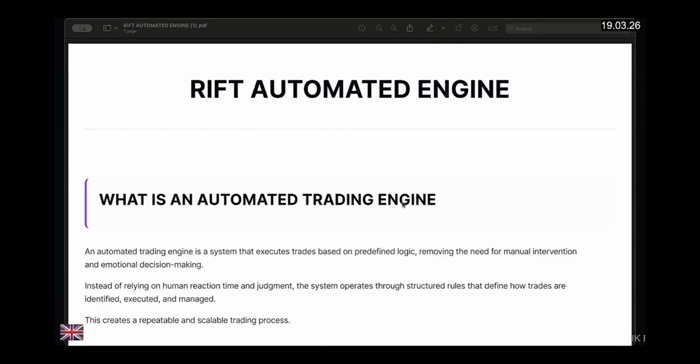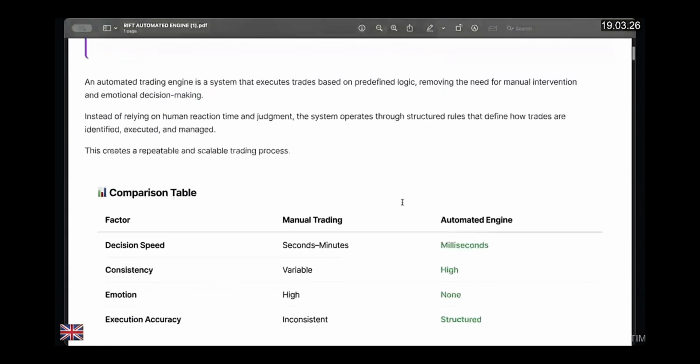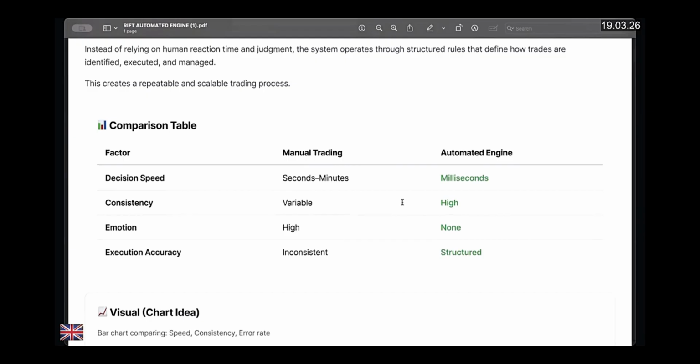And if we compare the human versus the system, the manual trading versus the automated engine, the decision speed is milliseconds and microseconds. With manual trading, with your way of executing the orders, you see an opportunity card where the asset is bullish, so you go to the risk mode.